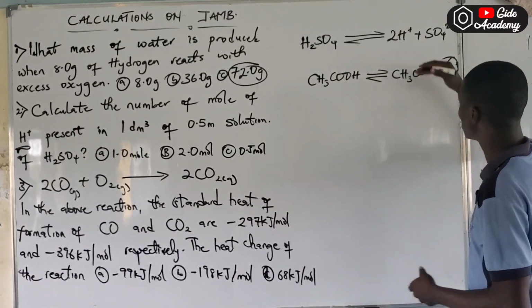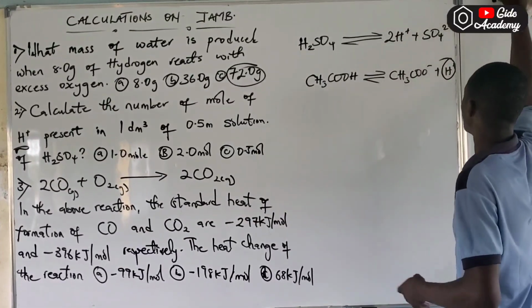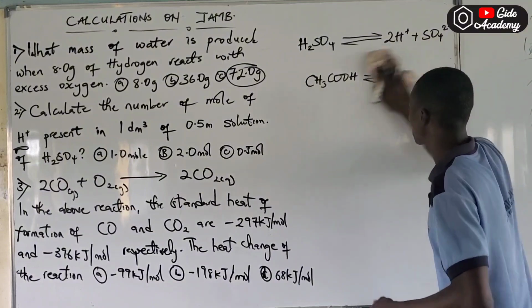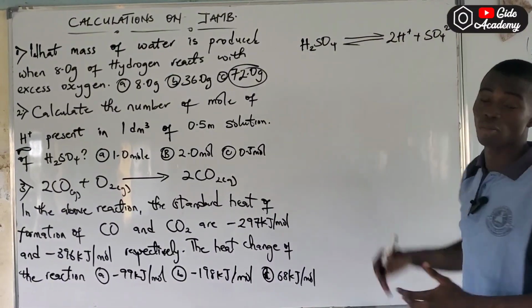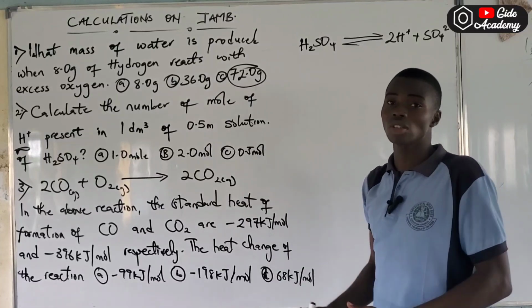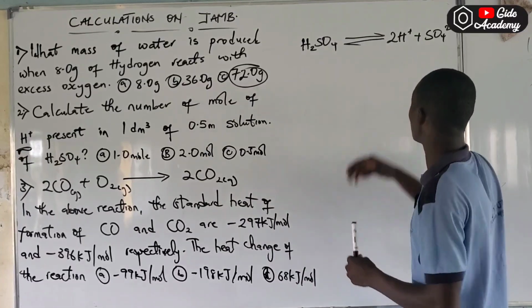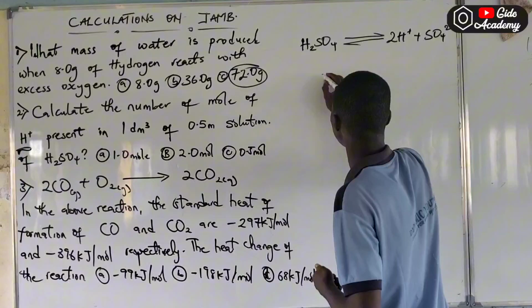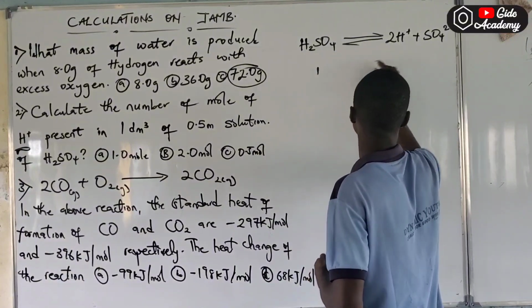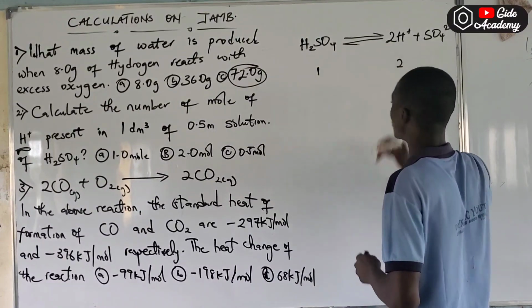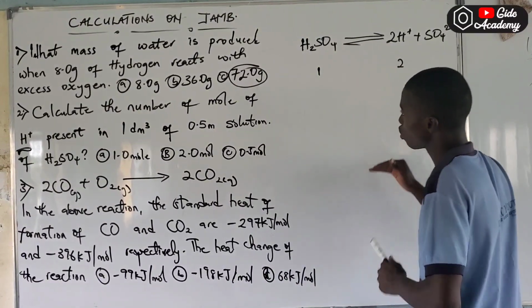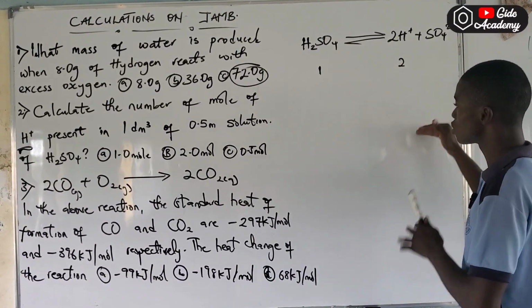Tribasic. That is what we mean by basicity of an acid. If you have gone through some past questions, you are going to see likely questions on those areas. So if you look at this, we have 1 mole of acid, and it produces 2 mole. So one of them was able to produce 2.